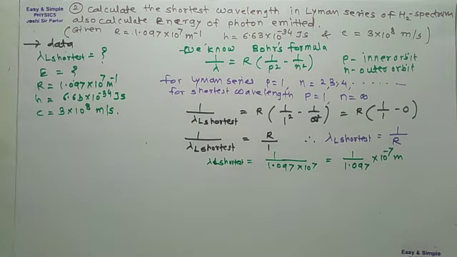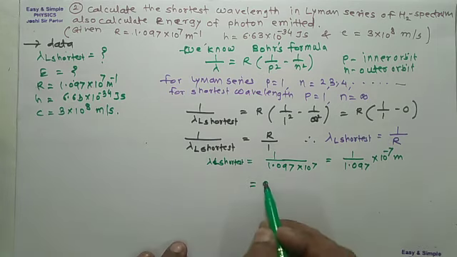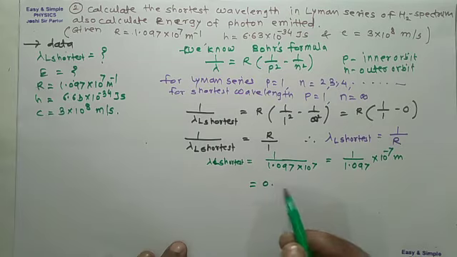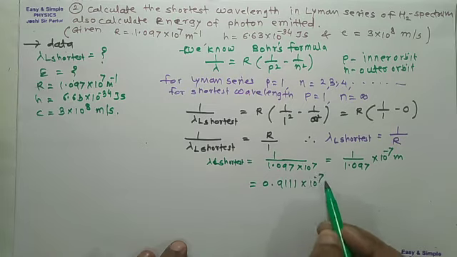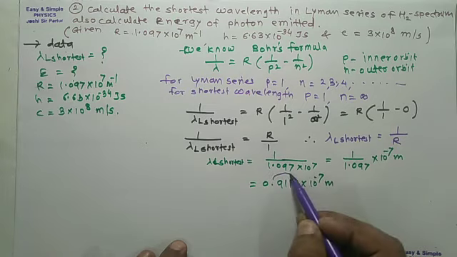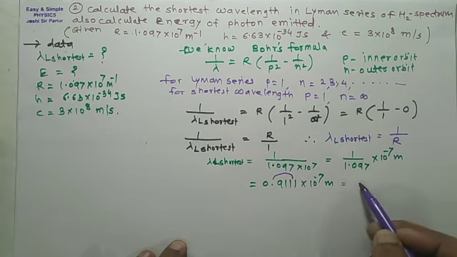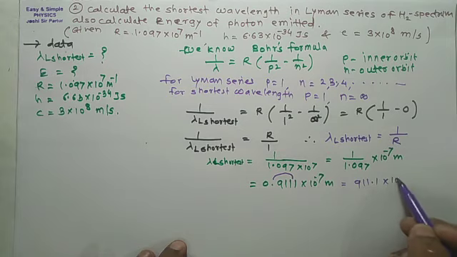By taking the reciprocal up to 4 figures, its reciprocal will be 0.9111 into 10 to the power minus 7 meter. If we shift the decimal point after 3 digits, we can write it as 911.1 into 10 to the power minus 10 meter.